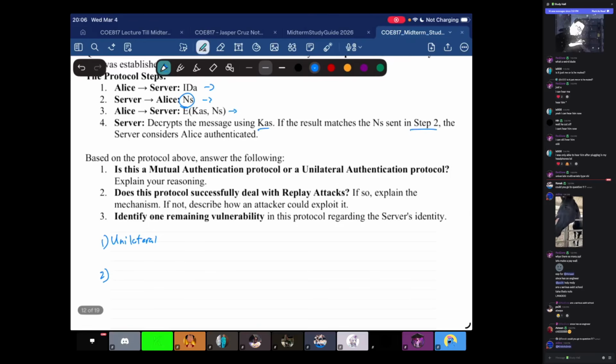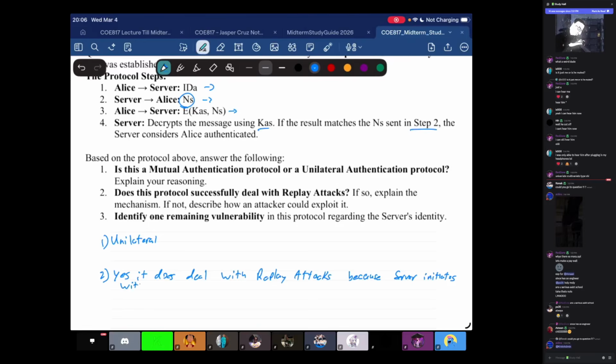So yes, it does deal with replay attacks, because the server initiates with a nonce value.